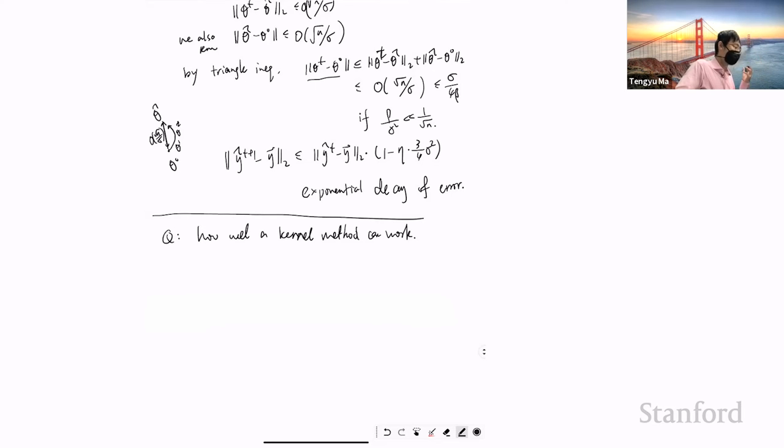If you just care about the power of the regularization, if you only care about the statistical aspect, you can easily show that neural networks can do better things than kernels. And this is an example. So the example is something like this.